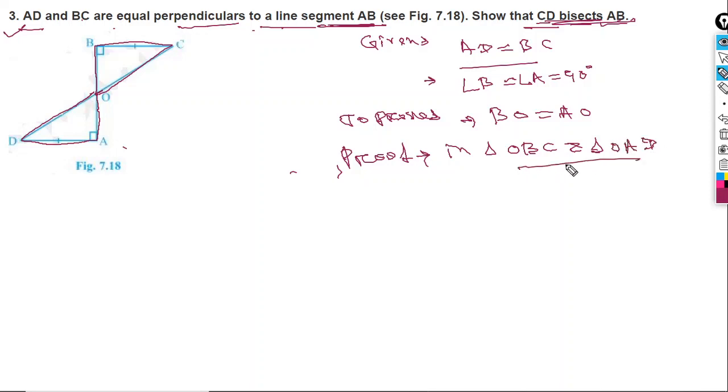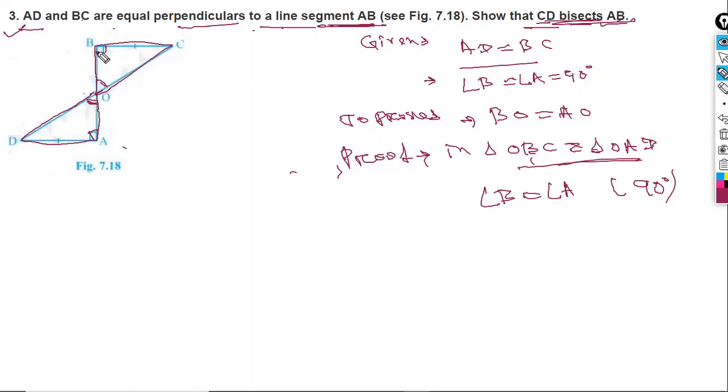In between these two triangles, what is there? You can see angle B is equal to angle A. Why? 90 degrees. Then anything else? You can see these two angles are also equal, isn't it? Because vertically opposite angles.